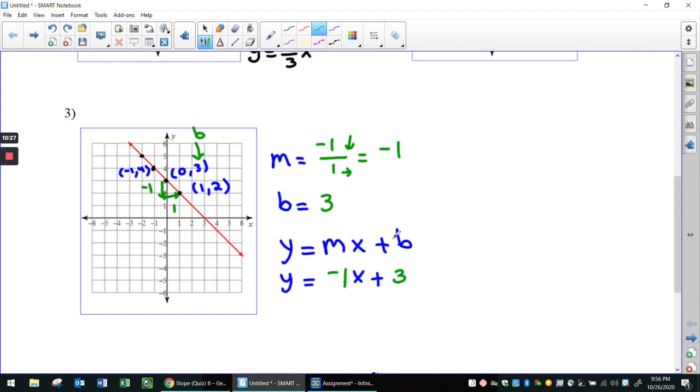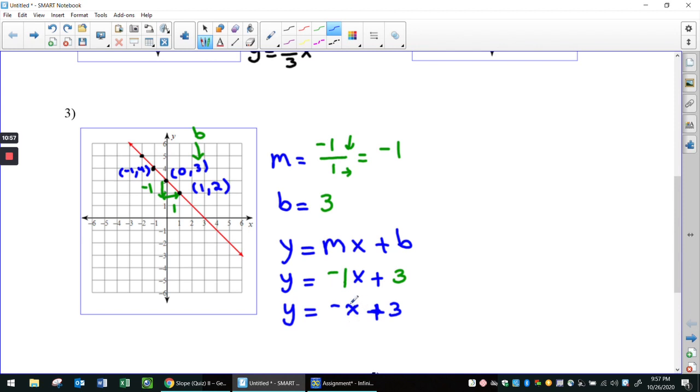And I want you to recognize that whenever you have a slope that's -1, or even if you have a slope that's 1, I'll show you an example of that, you can have a nice clean answer: instead of writing -1x, you could just write -x. That means the same thing as -1 times x plus 3. So your final answer should look like -x plus 3, just like that.